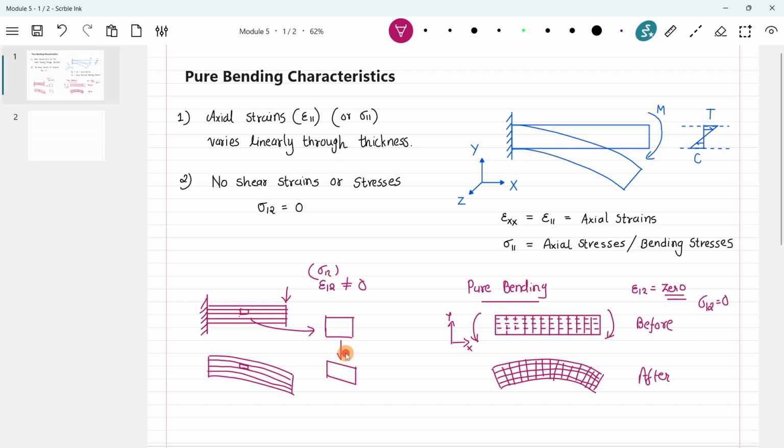So this is not pure bending. Okay, this is bending plus shear. There are bending stresses, and along with that, we also observe shear stresses. So with this concept, in coming chapters, we will see workshops and different element type issues.